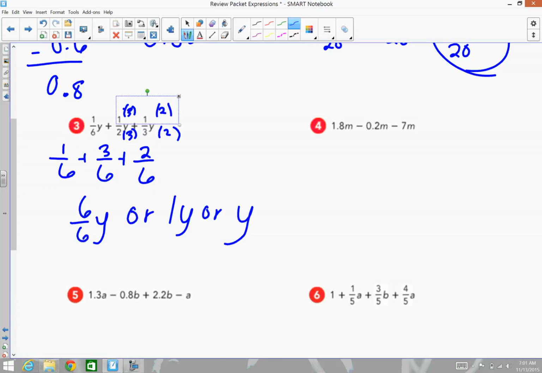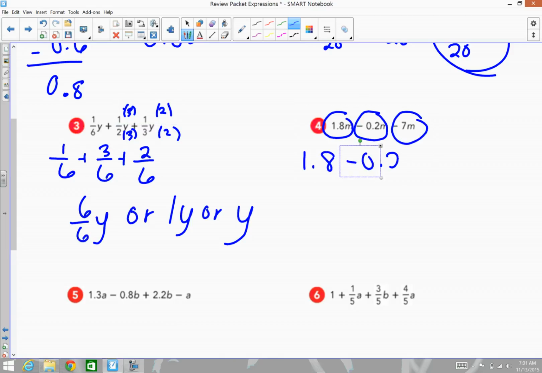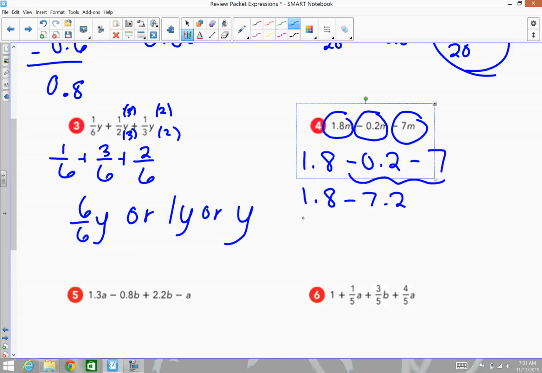Okay, again for number 4, they all have an m, so we're really just doing 1.8 minus 0.2 minus 7. Okay, these we can combine if we want. This would be 1.8 minus 7.2, or 1.8 plus negative 7.2.